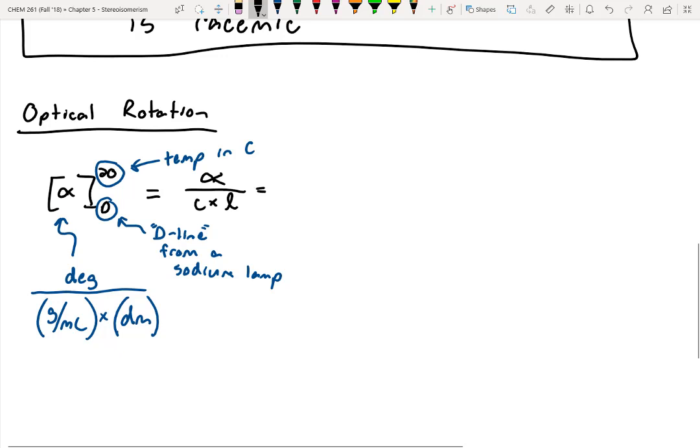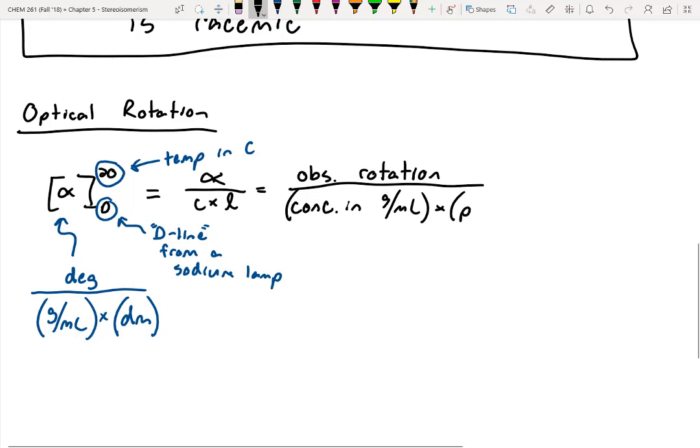So let's rewrite this. It's supposed to be concentration, not cone. Times your path length in decimeters.